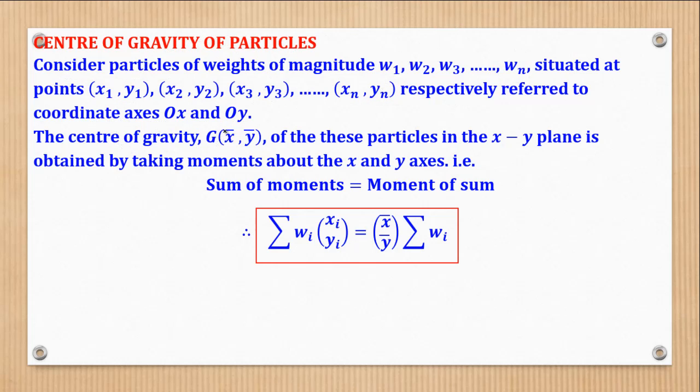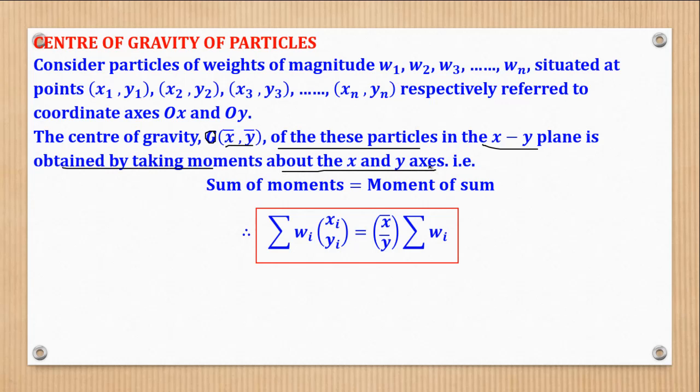The center of gravity G, where G is a letter commonly used to denote center of gravity, and x bar, y bar is the coordinate of the center of gravity of these particles in the xy plane, is obtained by taking moments about the x and y axes.